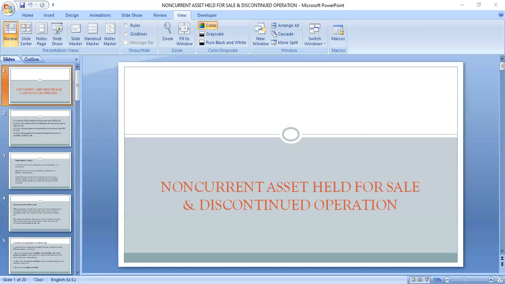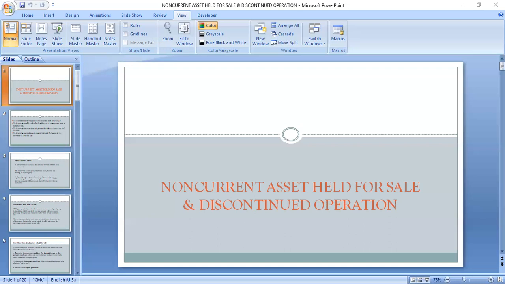Now, the timing of reporting. A component of an entity is classified as a discontinued operation at the date when the entity actually disposes of the operation, or when the operation meets the criteria to be classified as held for sale.